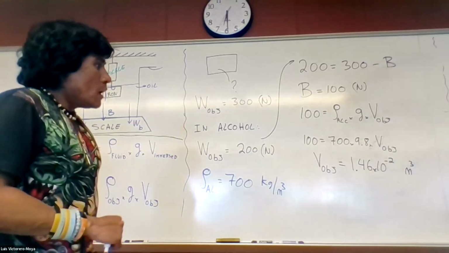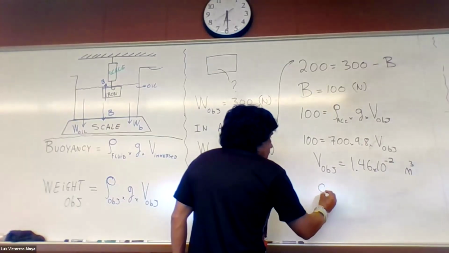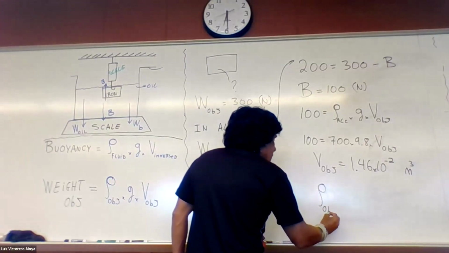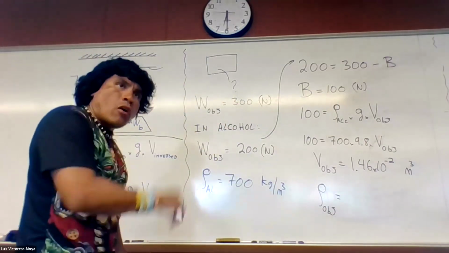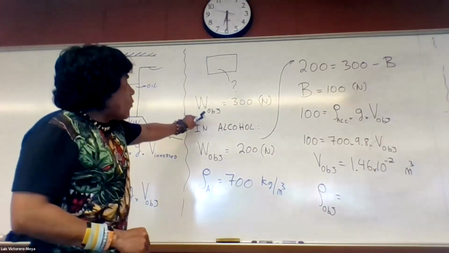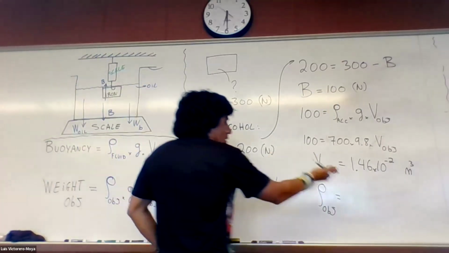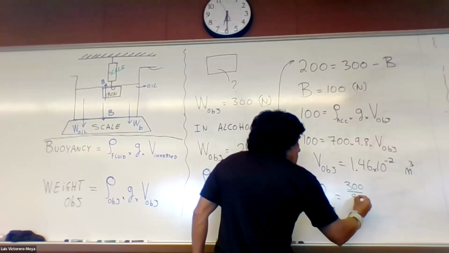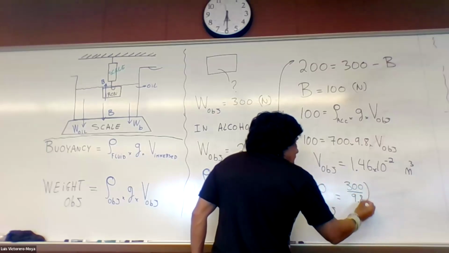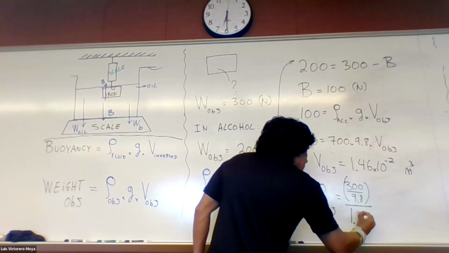Easy, right? And then, what's the density of the object? That's the mass of the object over the volume of the object. Well, I have the weight of the object. So if I have the weight of the object, the mass of the object is 300 over 9.8, divided by the volume, which is this.